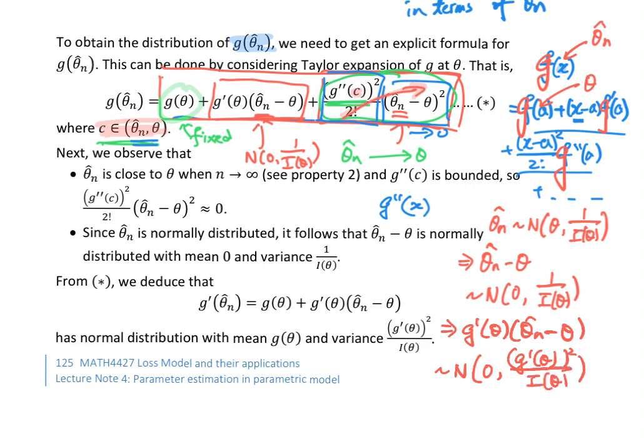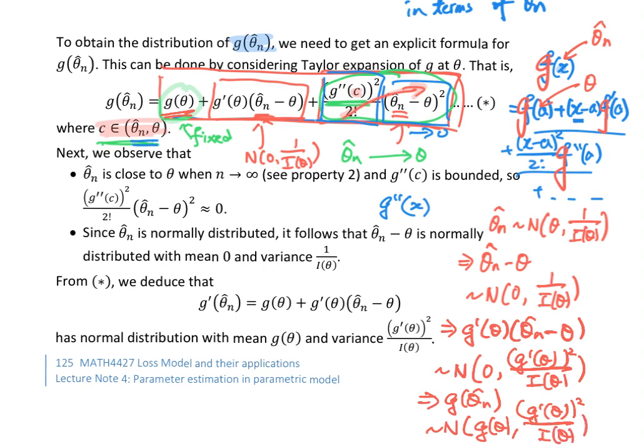Now we add a constant in front of it, which is g theta. This implies that g theta n hat follows the normal distribution with mean g theta, and the variance remains unchanged.